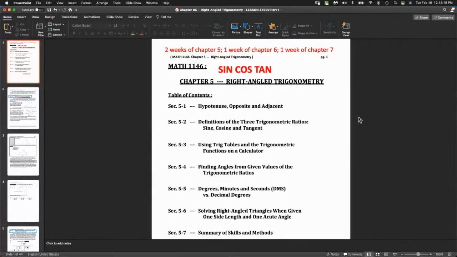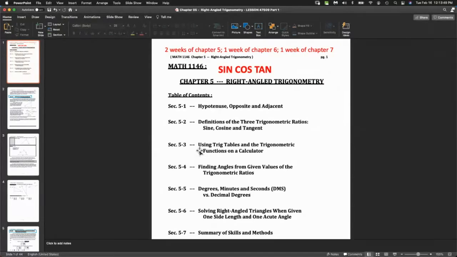So what I'm going to do with you today is pretty close to sections 5.1 and 5.2. I'm going to focus on those two today. And then next time we'll do 5.4, which is Friday. And there's some degrees, minutes, seconds, which we talked about already, but I'll do a little bit extra on Friday for that. 5.3, we're not covering it because it's using older technology for doing trigonometry.